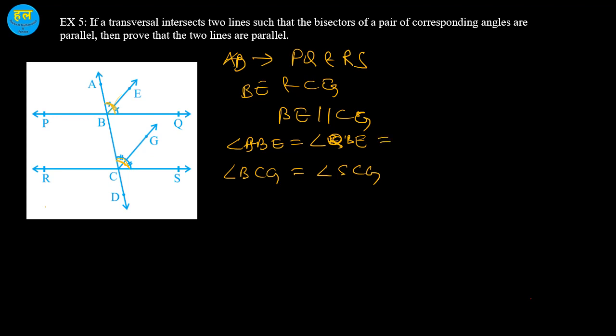Or we can say that angle ABE is equal to half of ABQ, and angle BCG is equal to half of angle BCS.